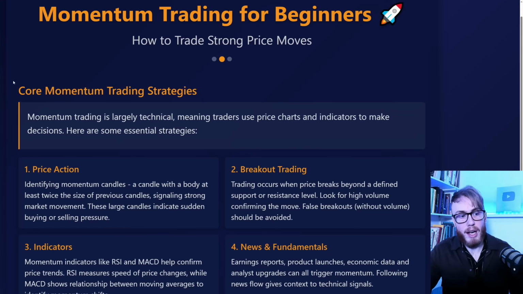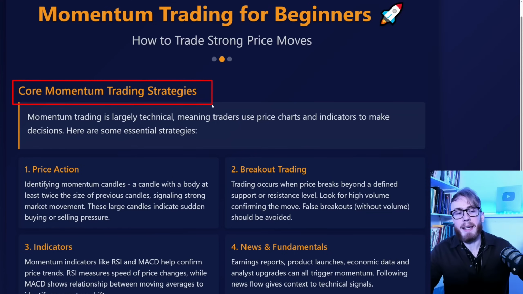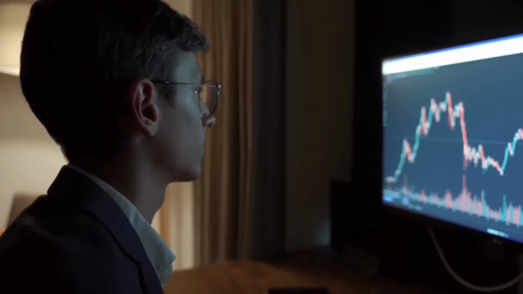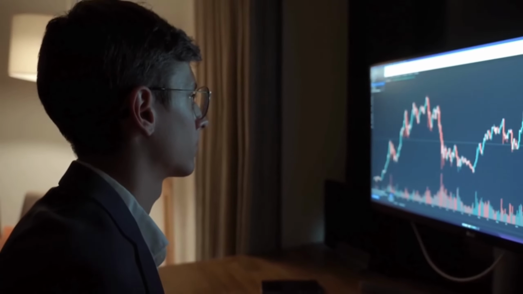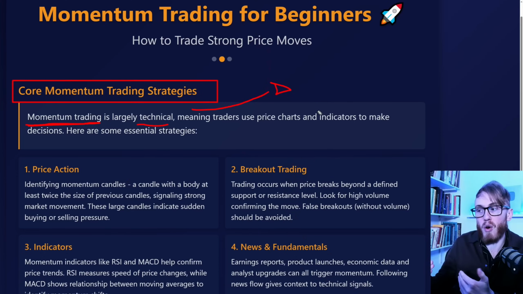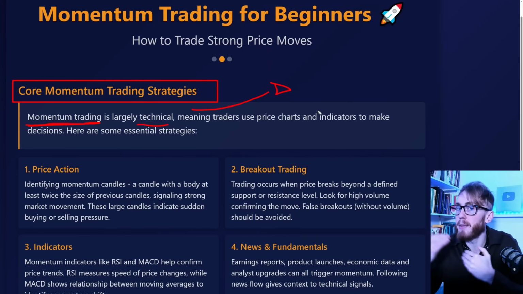But all right, so now then, what are the best momentum trading strategies? Well, the first thing I want to mention is that momentum trading is largely technical, meaning that we use technical analysis. However, some momentum traders are more focused on the fundamental side.